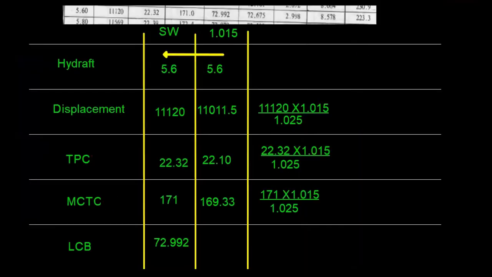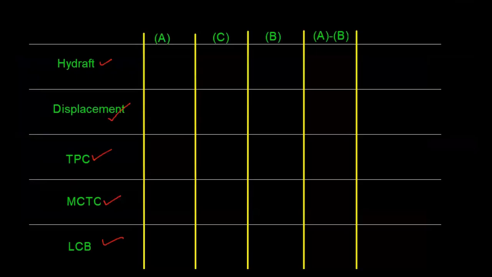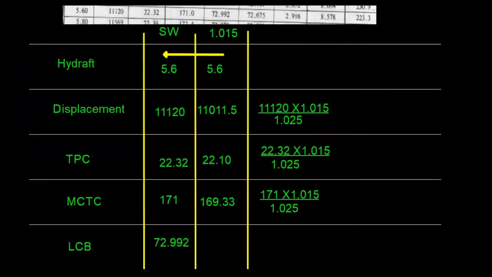These particulars are tabulated for 1.025, that is salt water. But now, if the water is of a different density, then what do we have to do?